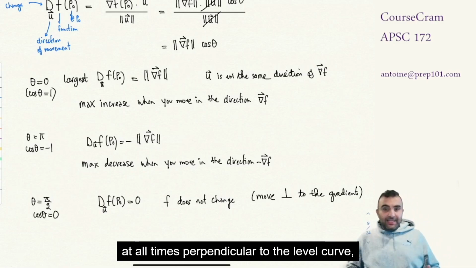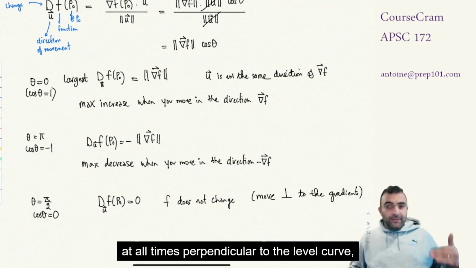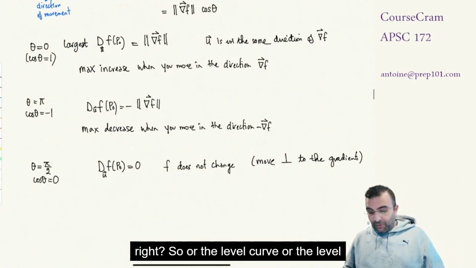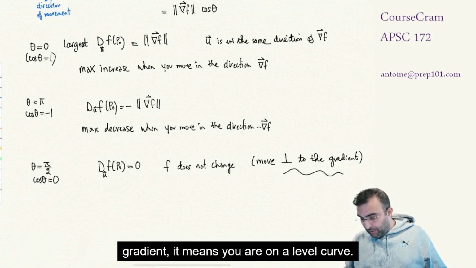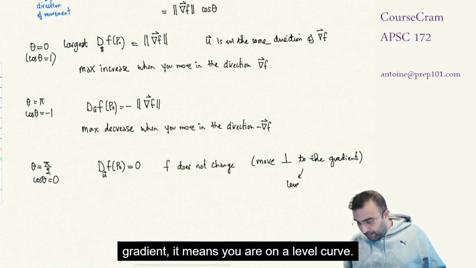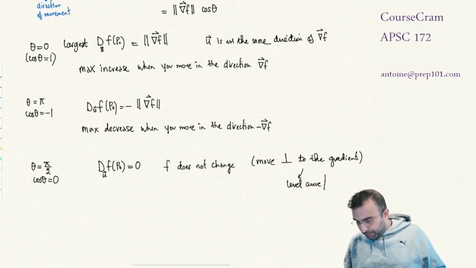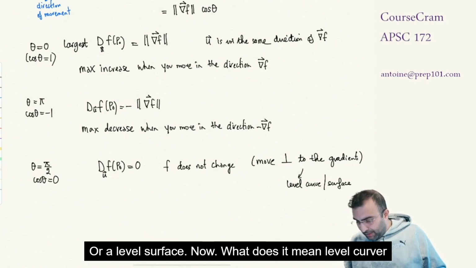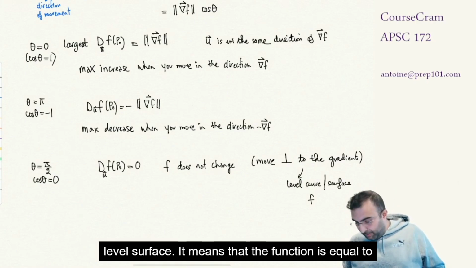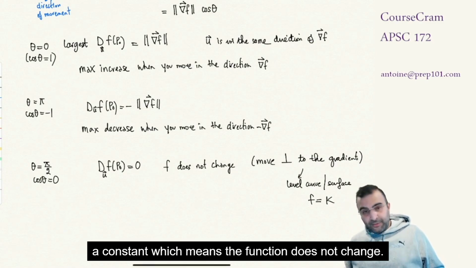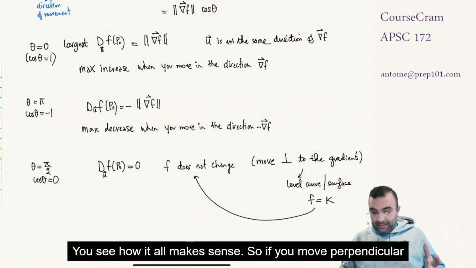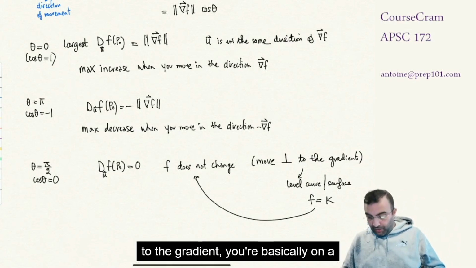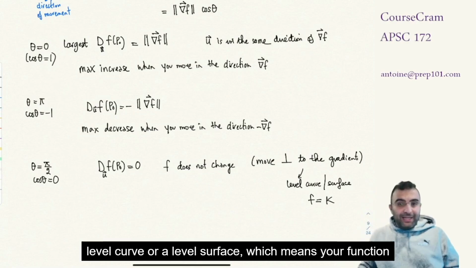The gradient is at all times perpendicular to the level curve or the level surface. So when you move perpendicular to the gradient, you are on a level curve or a level surface. What does that mean? It means that the function is equal to a constant, which means the function does not change. You see how it all makes sense? So if you move perpendicular to the gradient, you're on a level curve or level surface, which means your function does not change.